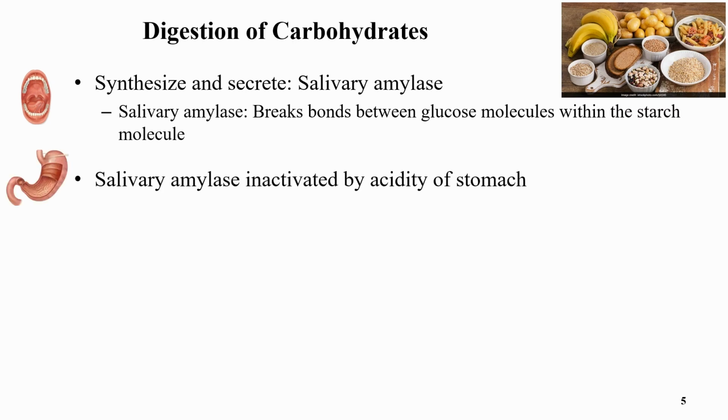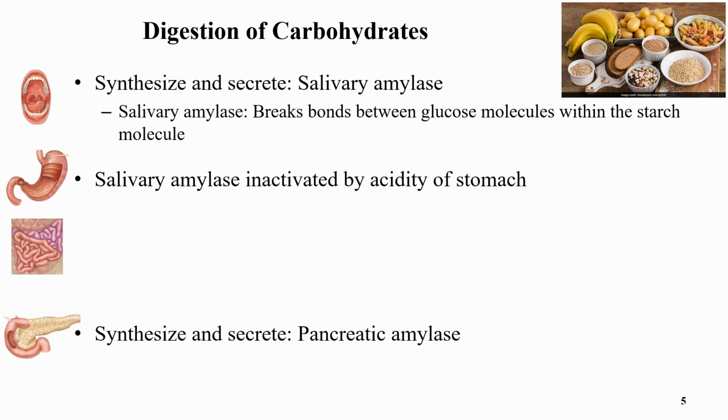And then, of course, by the time that food gets into the stomach, the acidity of the stomach will inactivate that. And I believe we did that experiment in the lab. We'll get to it. But the bigger chunk of this is done by the pancreatic amylases. The pancreas secretes its entire cargo into the small intestines, and that's the largest part of the intestines.